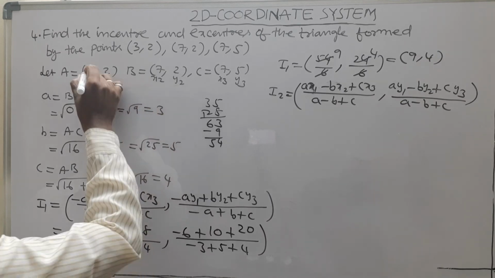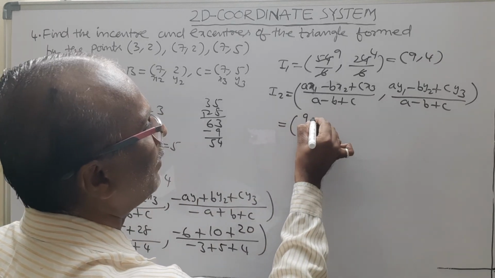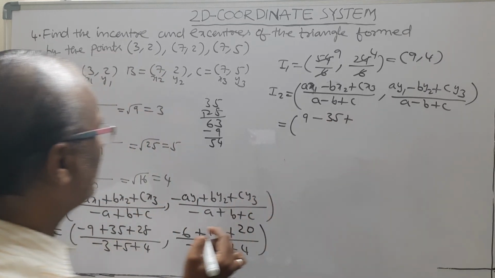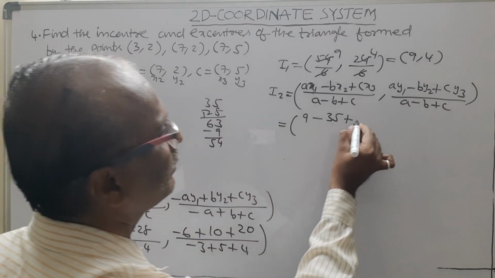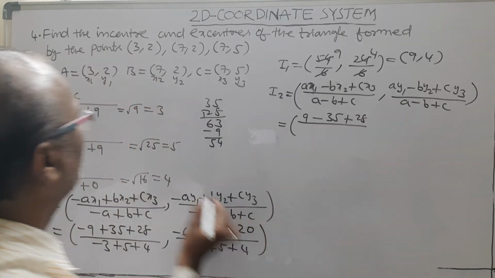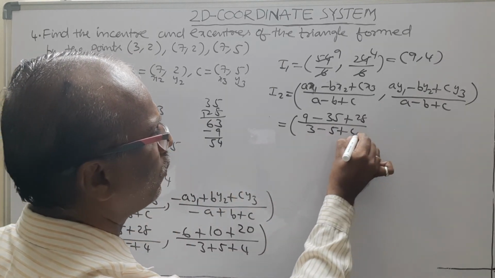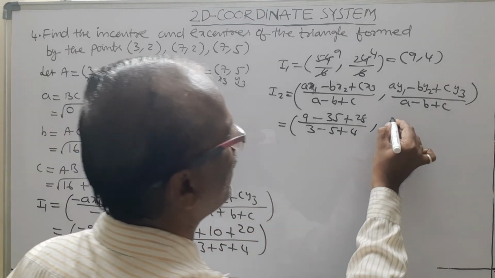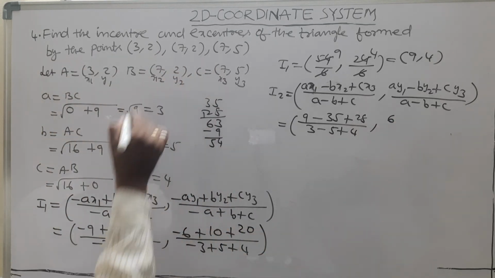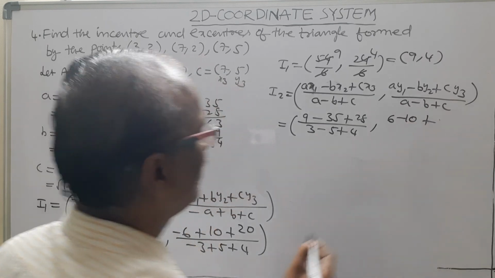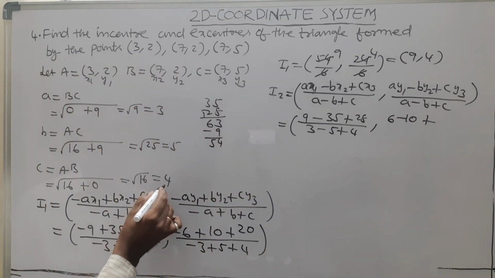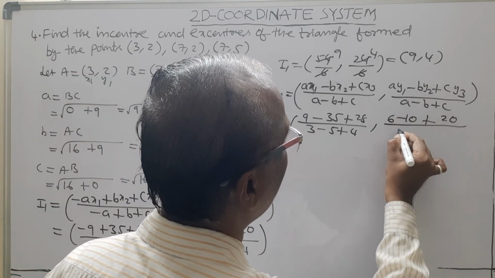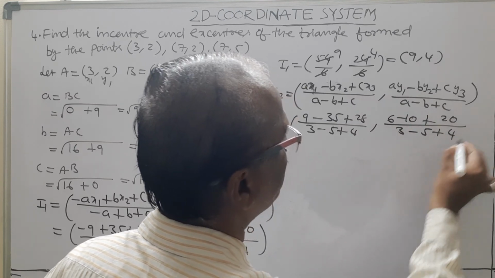A value 3, 3 into 3 is 9, minus bx2, 5 into 7 is 35, plus cx3, 4 into 7 is 28, by 3 minus 5 plus 4, comma, a y1, 3 into 2 is 6, minus b y2, 5 into 2 is 10, plus c y3, 4 5s are 20, by 3 minus 5 plus 4.